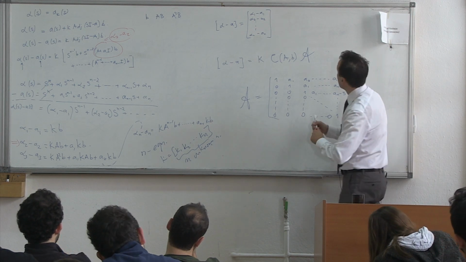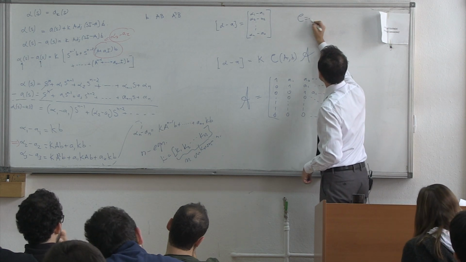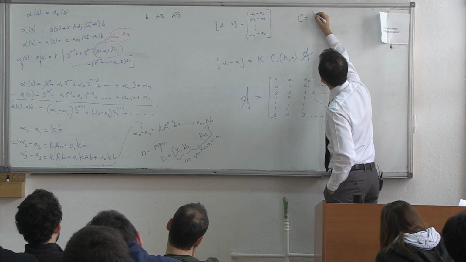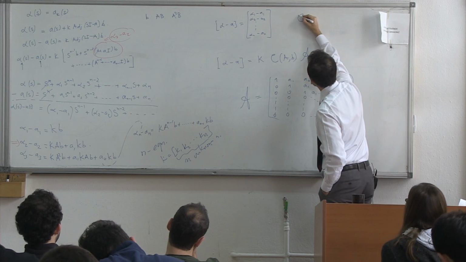Okay? Where the controllability matrix is simply B. Sorry. This is not a big A, okay?